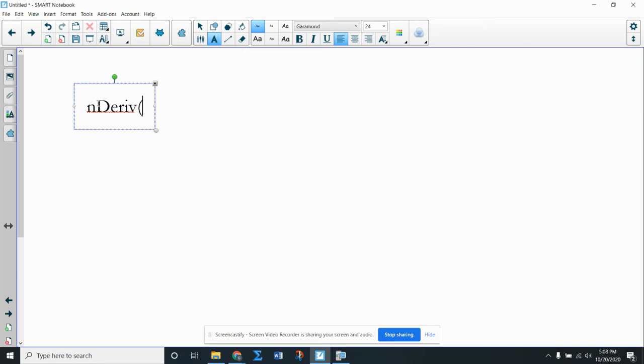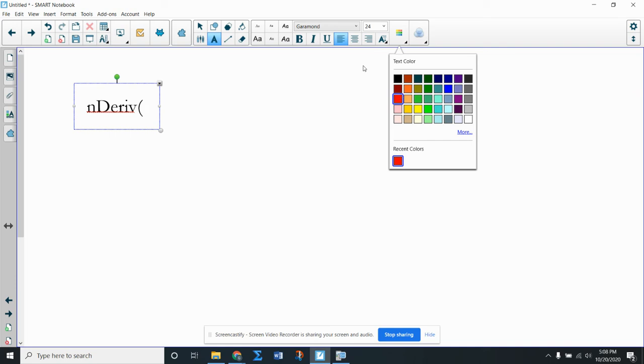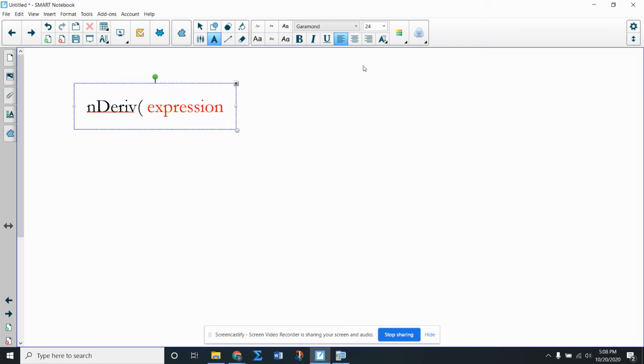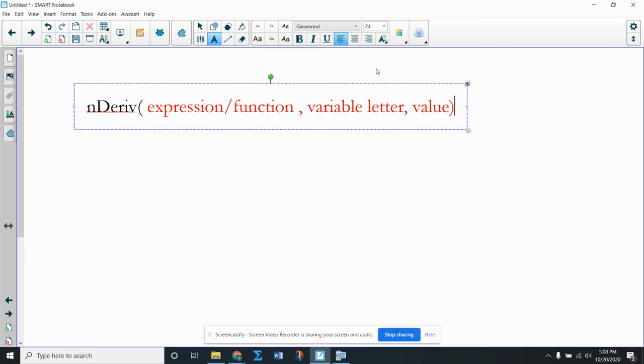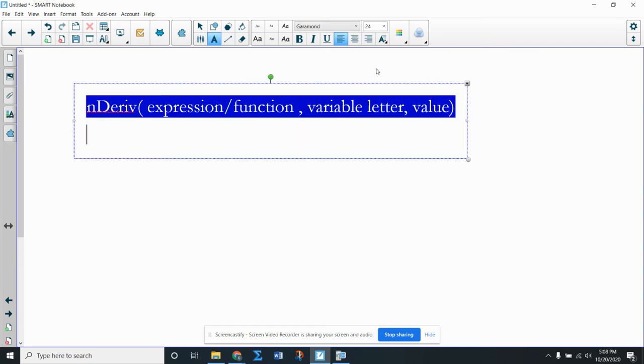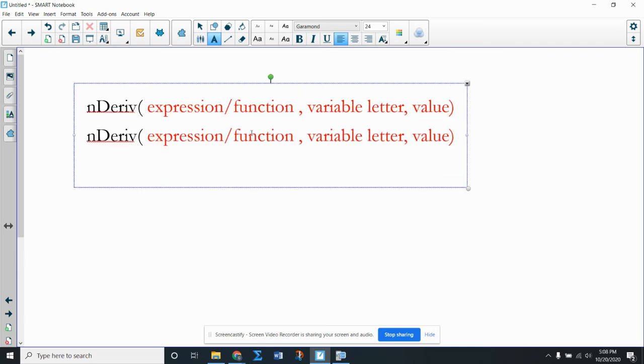So it's going to ask for input values. And if you're going to type it in, like if it comes up and that little wizard isn't there for you, the first thing you type is the expression of the function. The next input value is the variable letter. And then the last input value is the value that you want to calculate the derivative at.